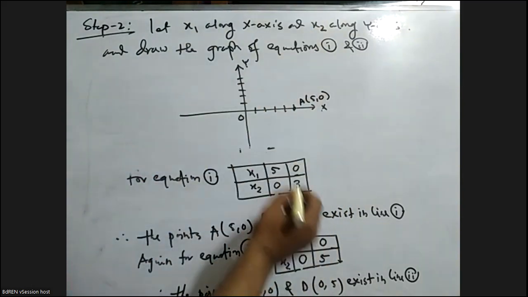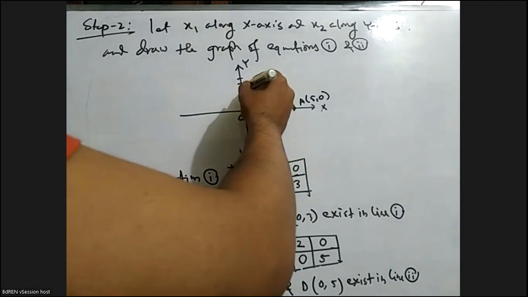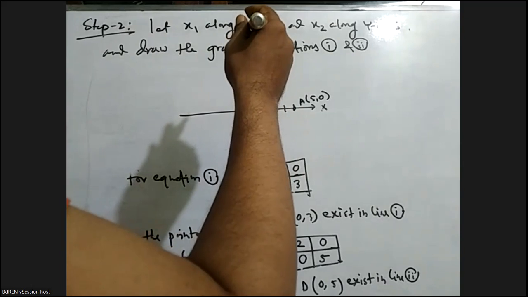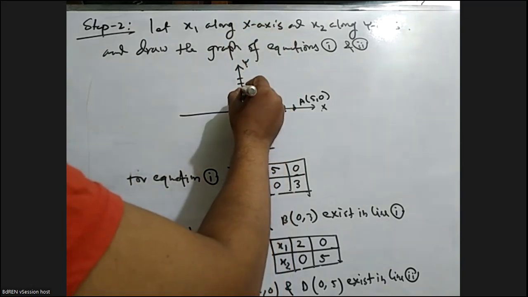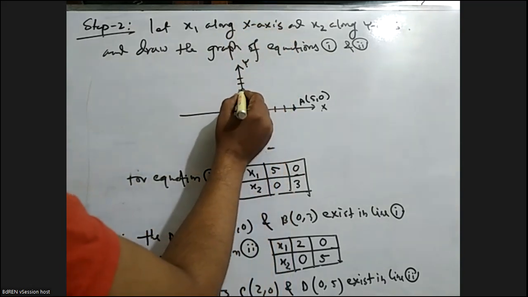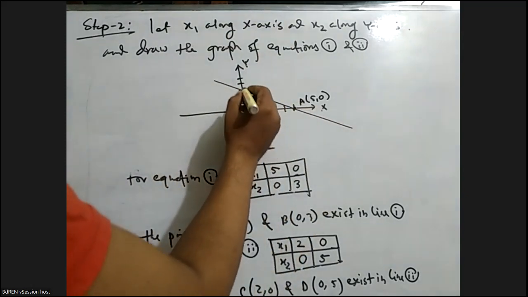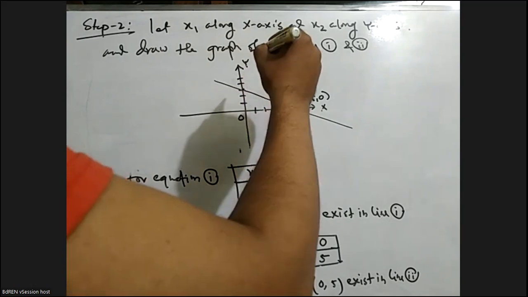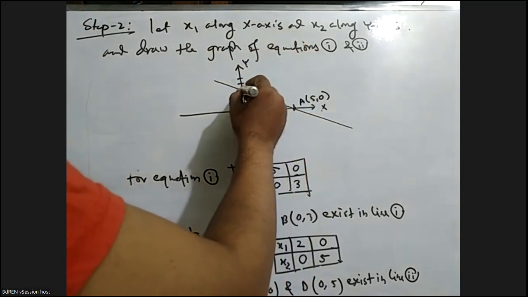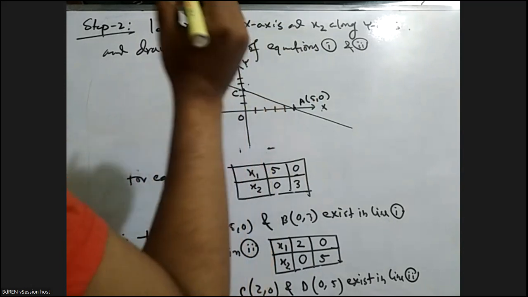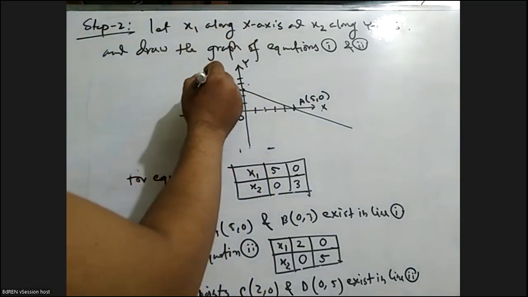And B is (0, 3): 1, 2, 3. This is the B point. Now this is equation number 1.